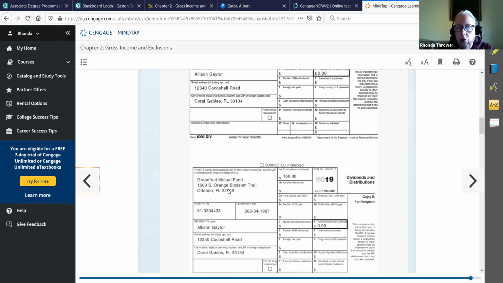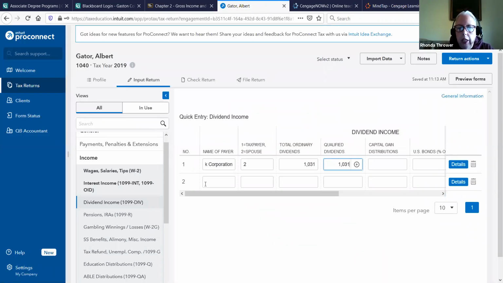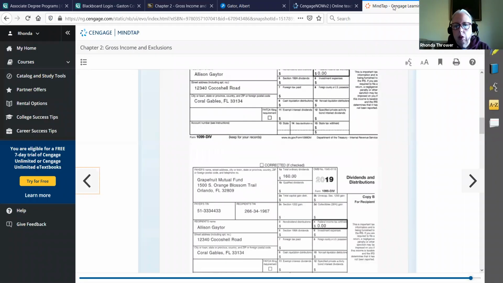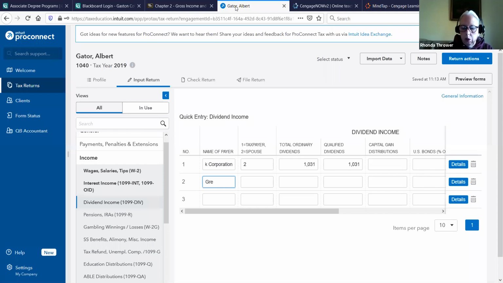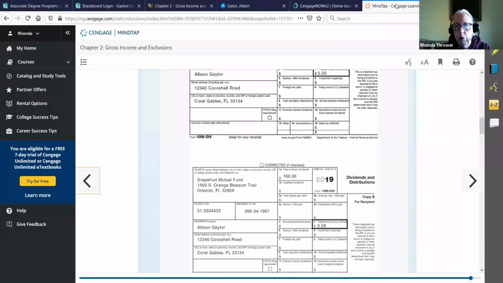We also need to put in Grapefruit Mutual Fund. So I'm going to go back to ProConnect. I'm going to put in Grapefruit Mutual Fund.